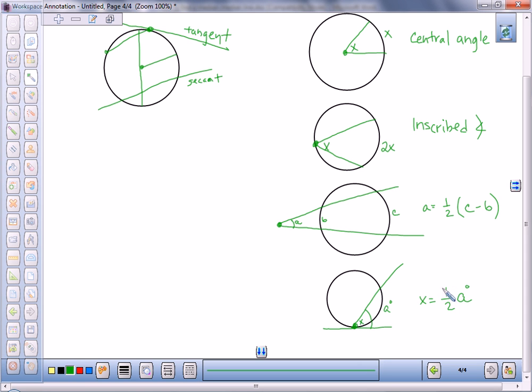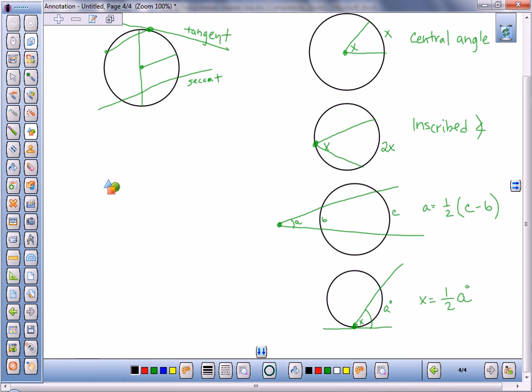The other, there's one more that doesn't have the vertex there. It's just made by chords. So let's look at it. We have intersecting chords. There they are. So a chord and a chord.